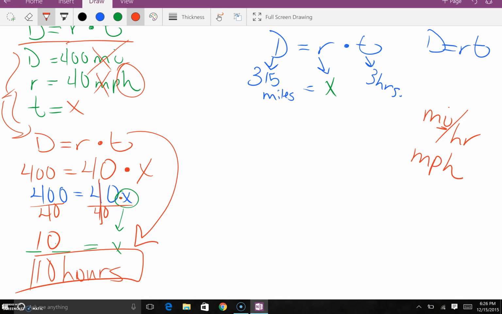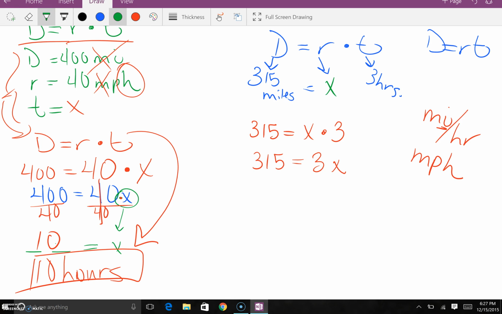The reason that you would include the i here is because in scientific terms, m normally means meters and mi means miles. So let's just plug this in and get to work. 315 equals x times 3.